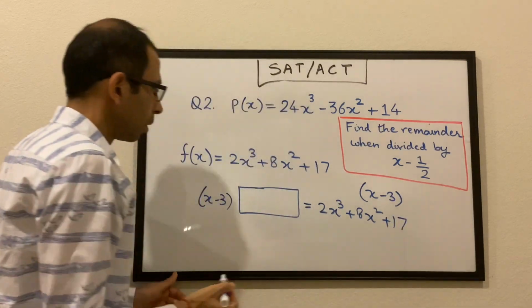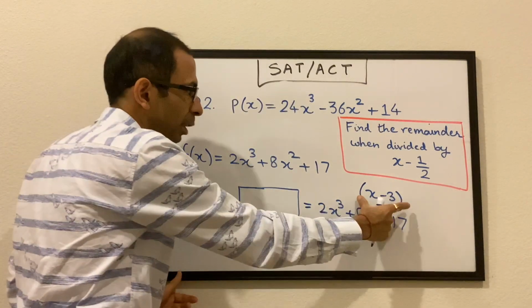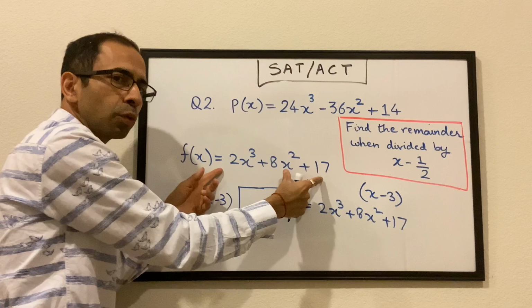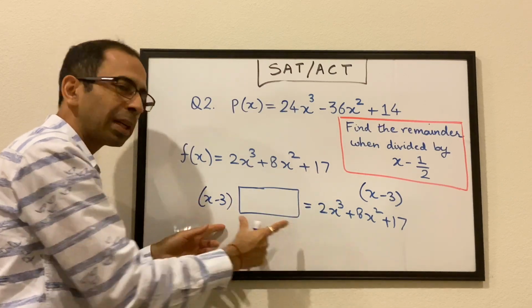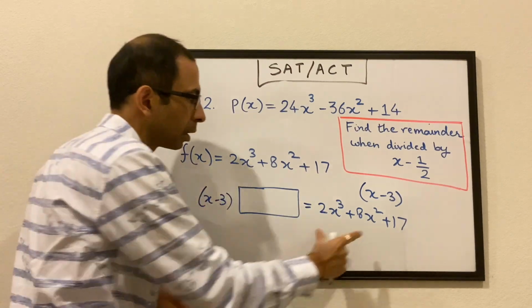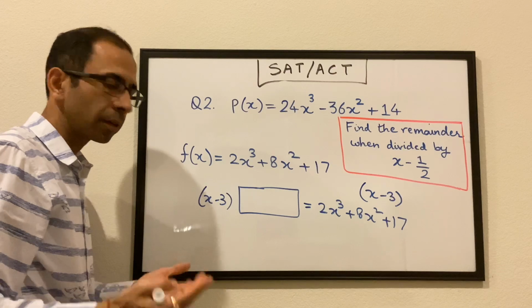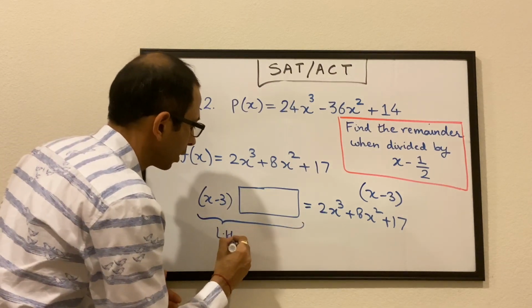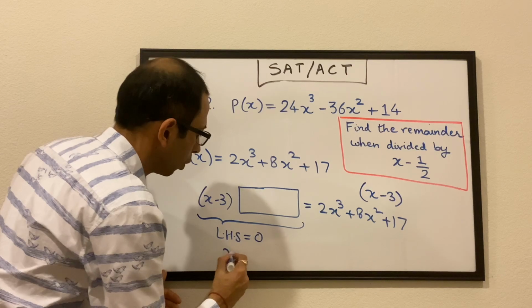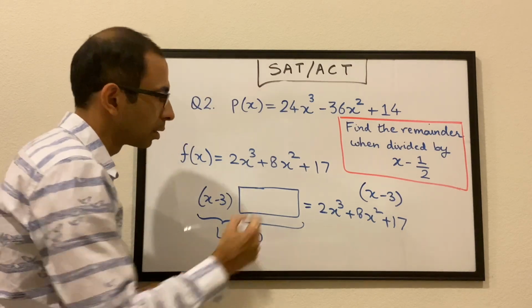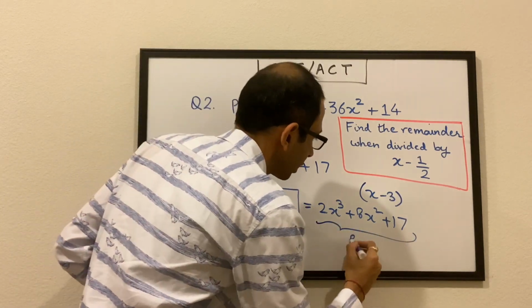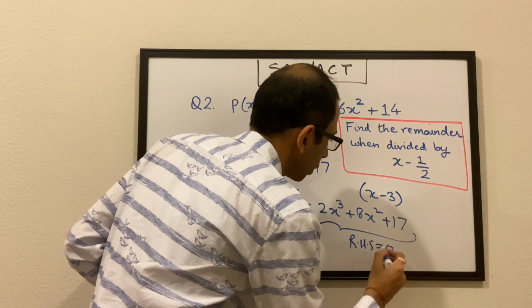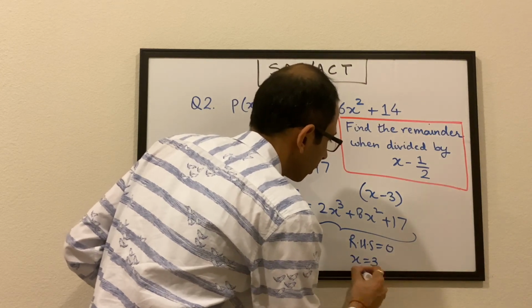Right? So again, if x minus 3 were a factor of this function, then x minus 3 can be multiplied with some entity in the world to give you this. That's the meaning of factoring, correct? And if that is the case, the value of this left hand side will become 0 when x is equal to 3. Similarly, the right hand side will also become 0 when x equals 3.